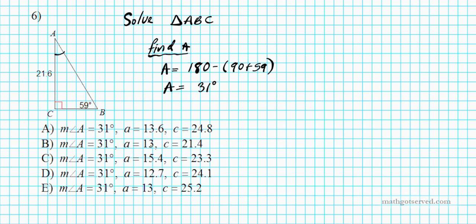We need to focus on a side that's different. If you look at the little a's, you have a repetition here. The best thing to find would be side C because they are all different. So let's find little c.